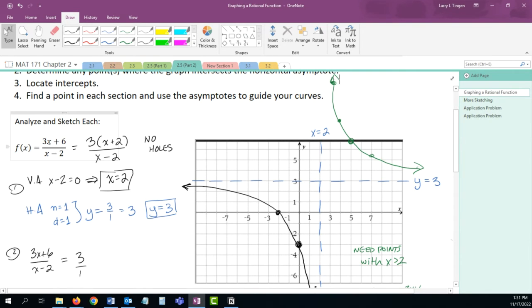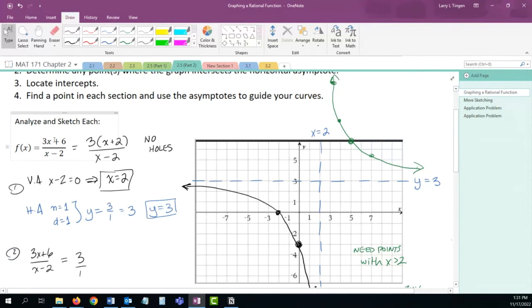When x is less than 2, this could be positive or negative. This is always negative, right? 1 minus 2 is -1. So this thing's always negative in the denominator when I am to the left of 2.